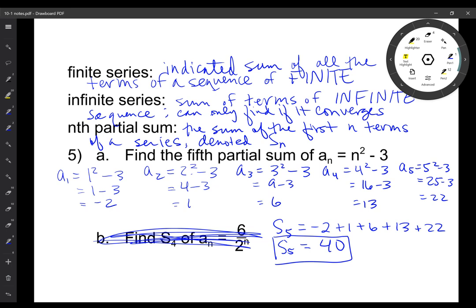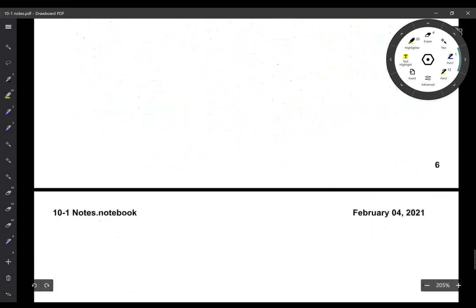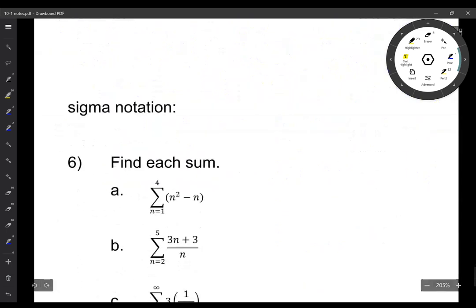So a series is just adding my sequence together. We have a special notation that says add a bunch of stuff together, and that is sigma notation. Sigma is a Greek letter, and it looks kind of like a giant E, but sharper and pointier.